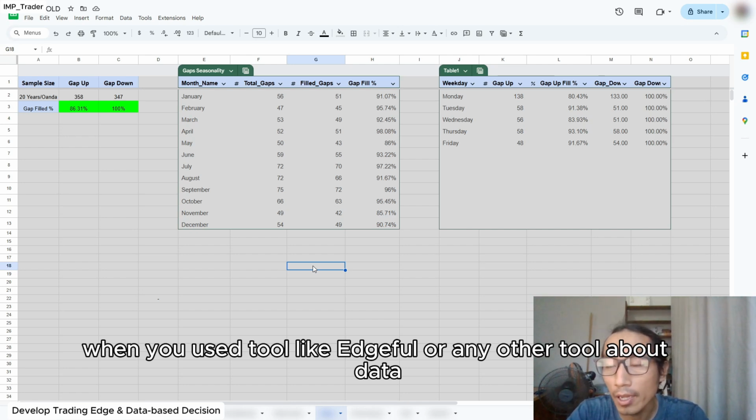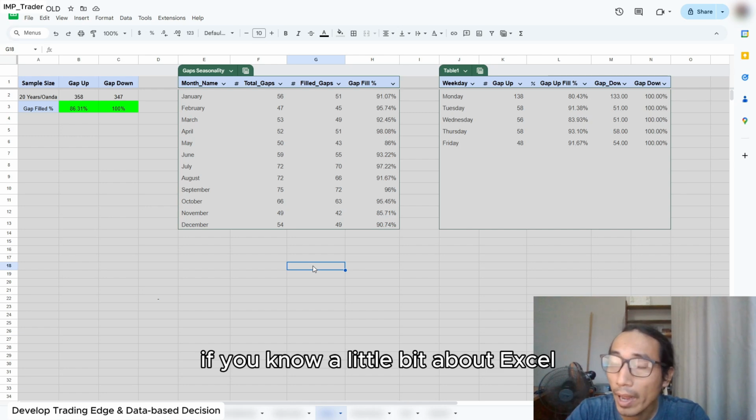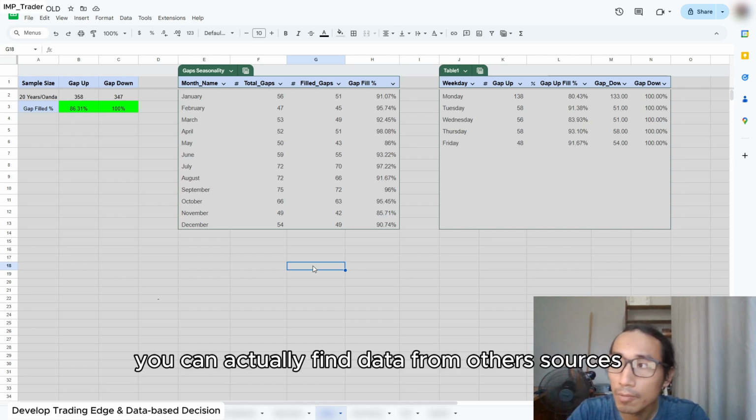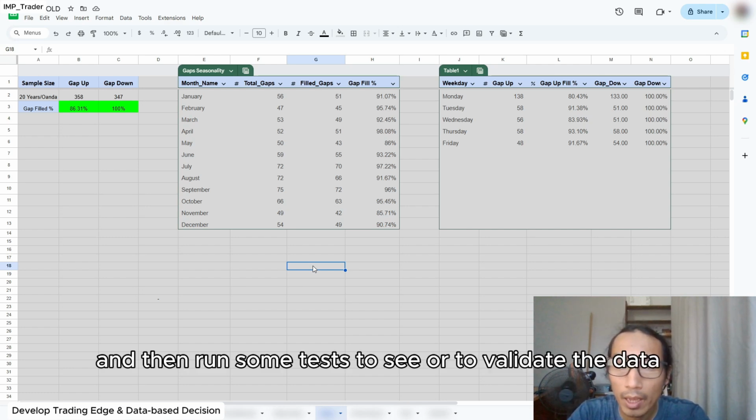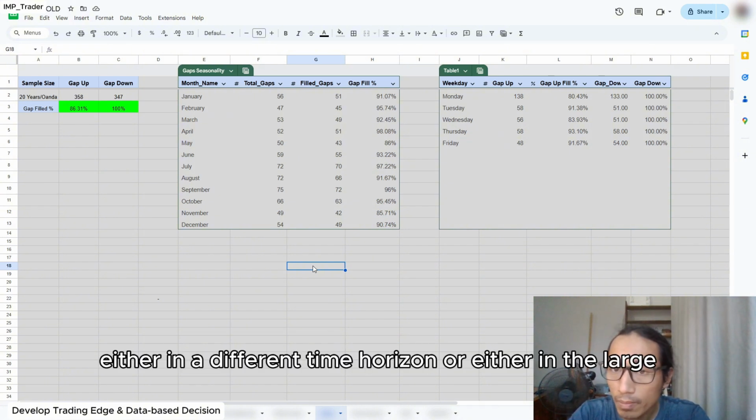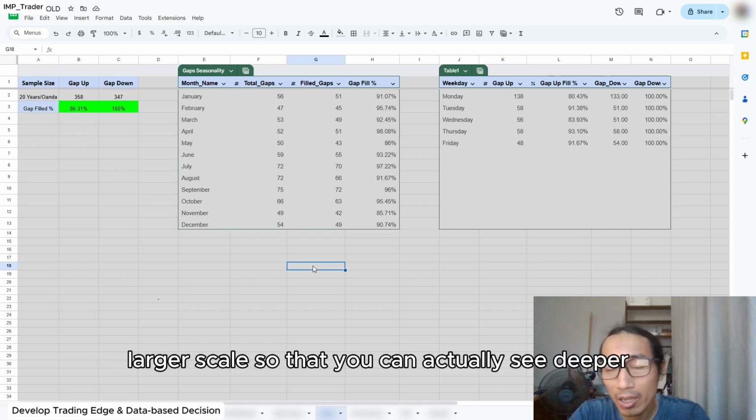All right, so with a tool like Excel or any other data tool, if you know a little bit about Excel, you can find data from other sources and then run some tests to validate the data, either in a different time horizon or on a larger scale, so that you can see deeper.